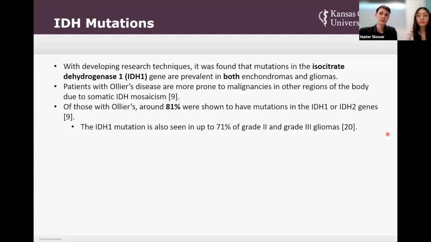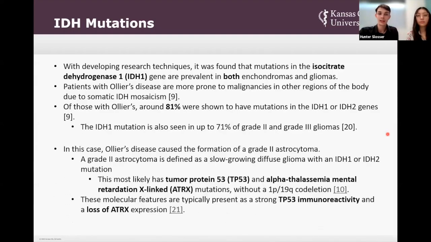Of those with Ollier's disease, around 81% will have shown mutations in the IDH1 or IDH2 genes. This IDH1 mutation is also seen in up to 71% of grade 2 and grade 3 gliomas. So there does seem to be a bit of a correlation between the two. And in this case specifically, Ollier's disease caused the formation of a grade 2 astrocytoma.